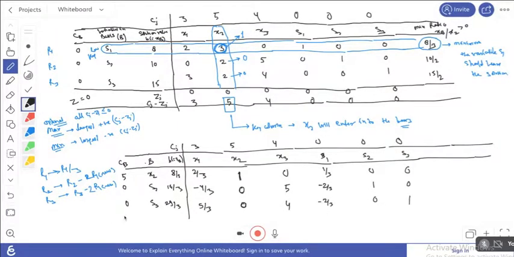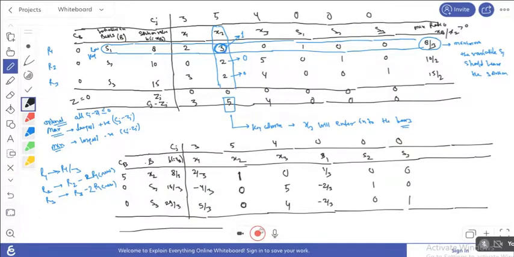Okay, so now you have to do the same procedure as before. Here you can find out the value of z. Your problem is a maximization problem, so z equals 3x1 plus 5x2. x1 is 0 here, but x2 you get here is 8 by 3.